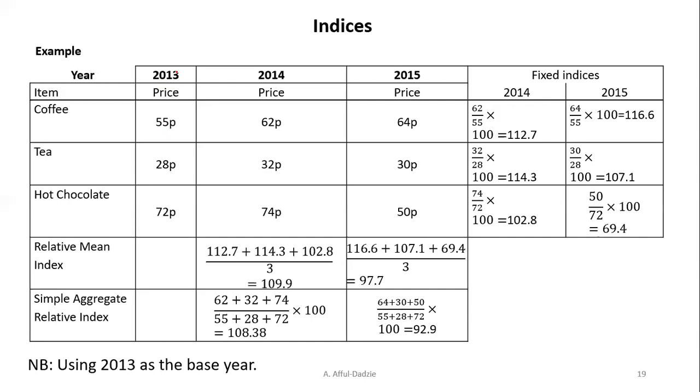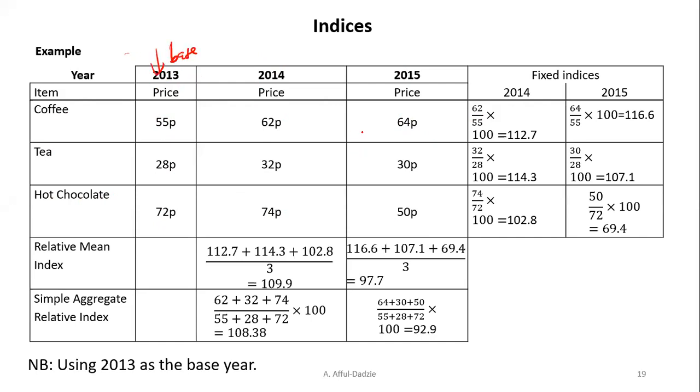So let's say we have 2013, 2014, 2015, and we have coffee, tea, hot chocolate. These are the 3 items. So the price of coffee in 2013 is this. In 2014, these are the prices. In 2015, these are the prices. So let's assume that 2013 is the base year. So this is the base period.